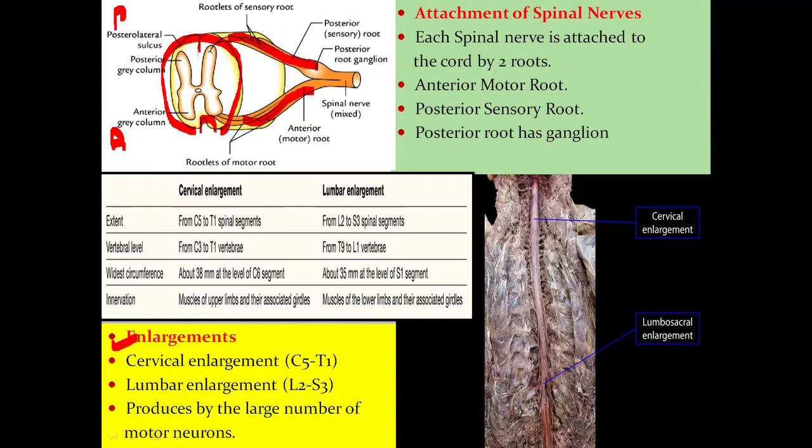They descend out, both meet each other, and form an individual spinal nerve. The anterior spinal root carries all the motor fibers and the posterior root carries all the sensory fibers. So I can name them the anterior motor root and the posterior sensory root. Later on, when you study tracts, you will see the posterior root also has a posterior ganglion.